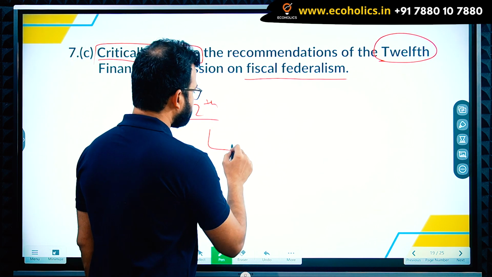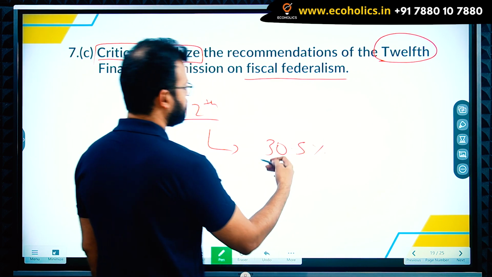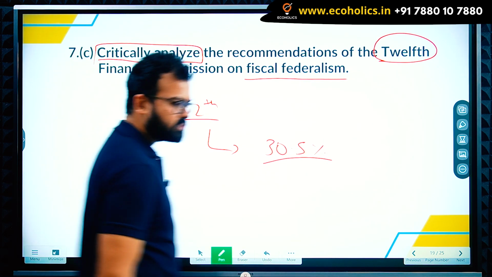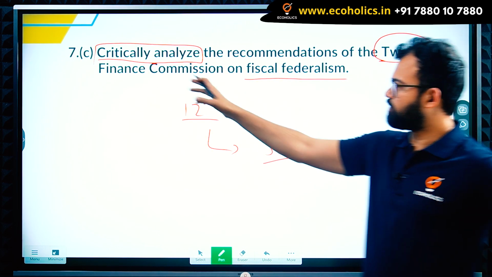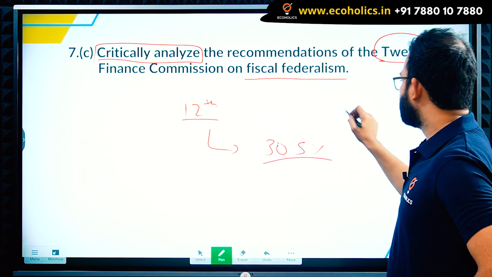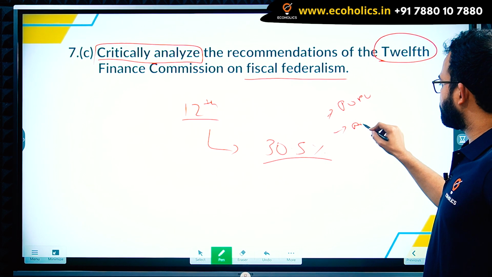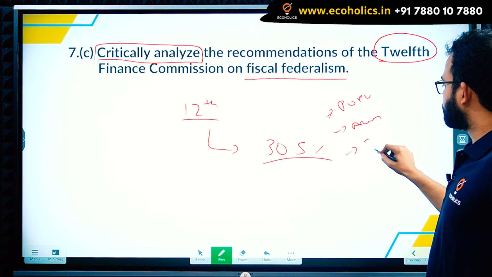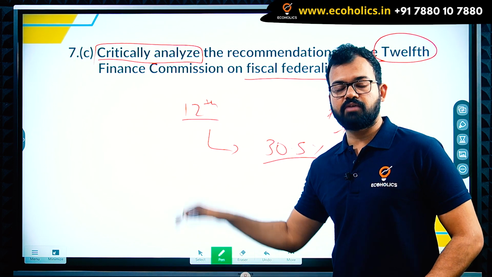Their recommendations, especially the net proceeds, are easily available in every book, but the question is very simple. You just have to critically analyze. There was the population factor, and other factors like area and income, mentioned in the recommendations given by this commission.